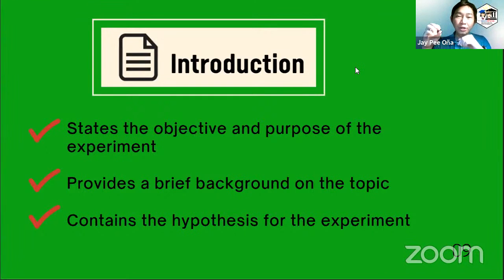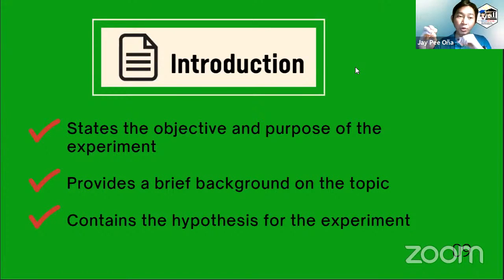So for high school laboratory experiments, usually meron tayong laboratory manual where we derive the introduction part. So hindi na natin kailangang undergo a rigorous research on the introduction kasi it's provided already in the laboratory manual.